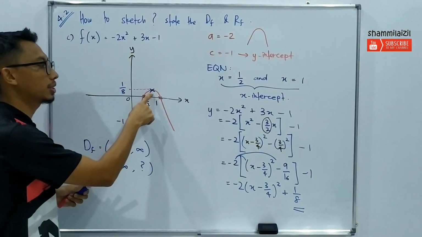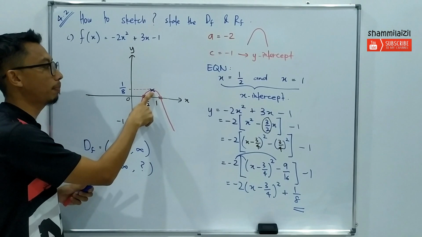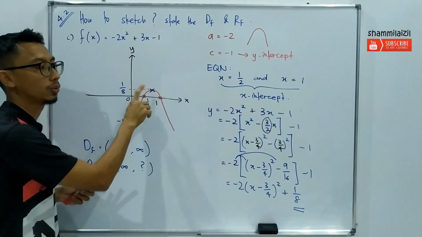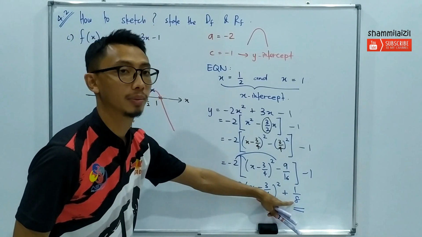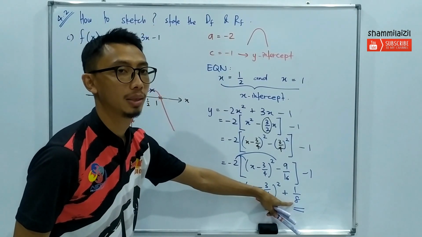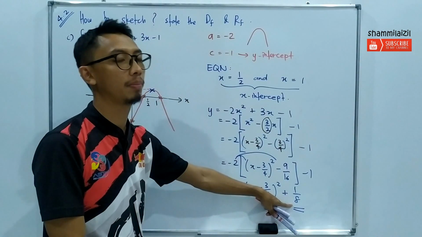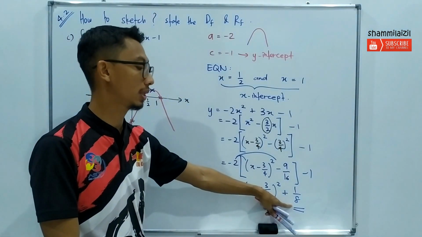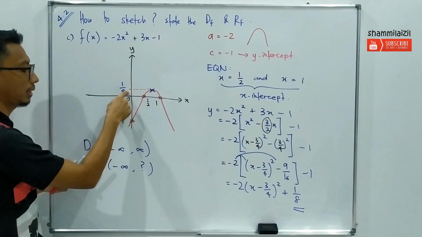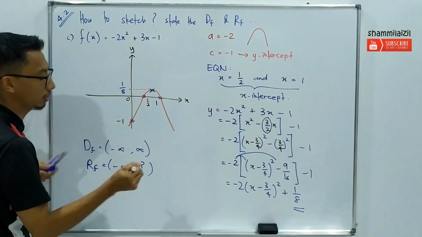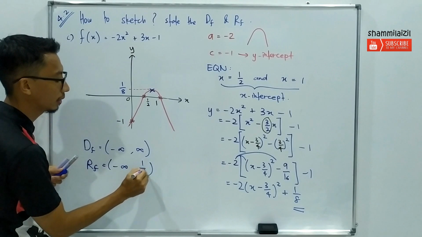So to get the maximum or the minimum point of a quadratic graph, you need to do the completing the square. The last part here is actually the maximum or the minimum value, depending on the function given. So somewhere here is 1 over 8. That's why this one is going to be 1 over 8.